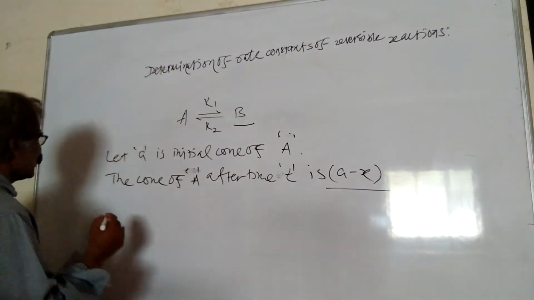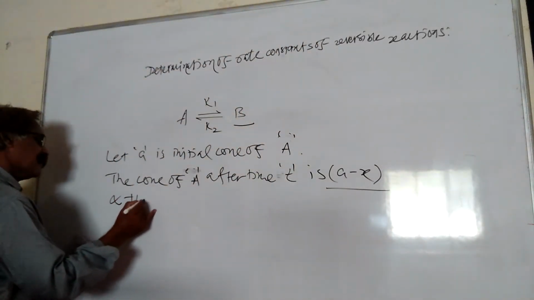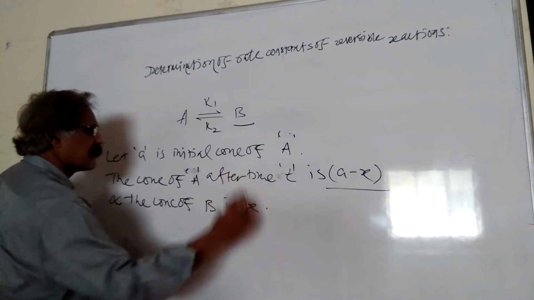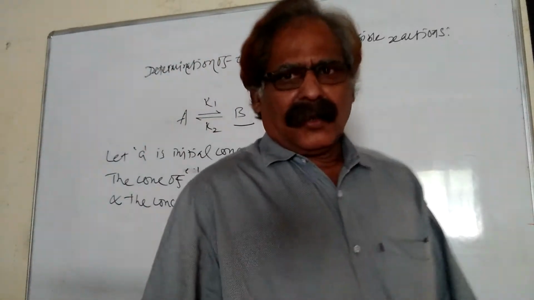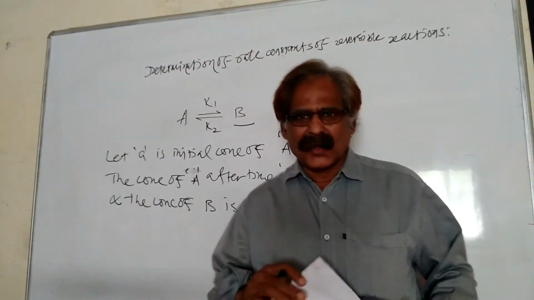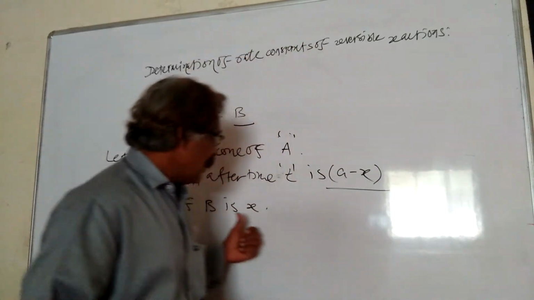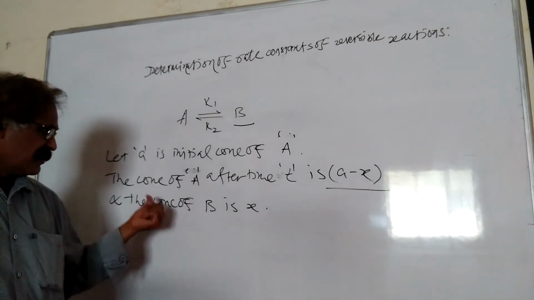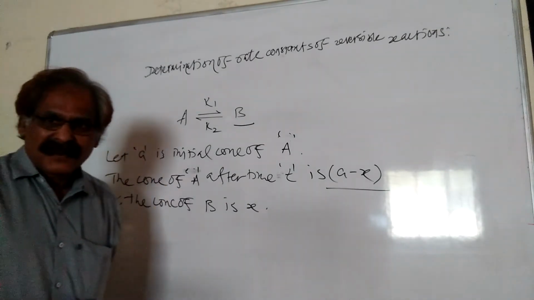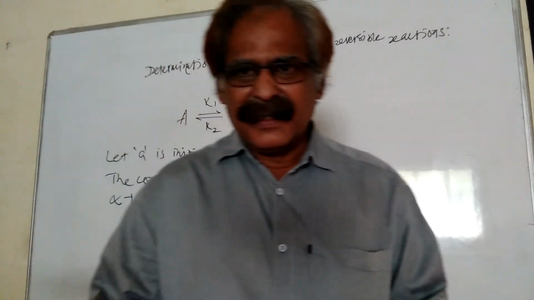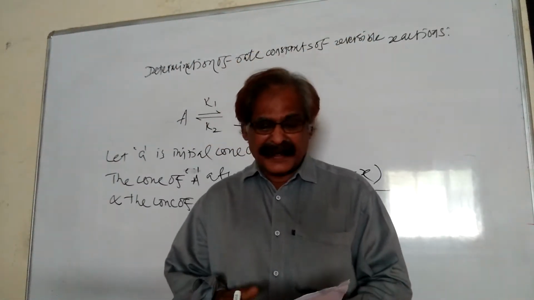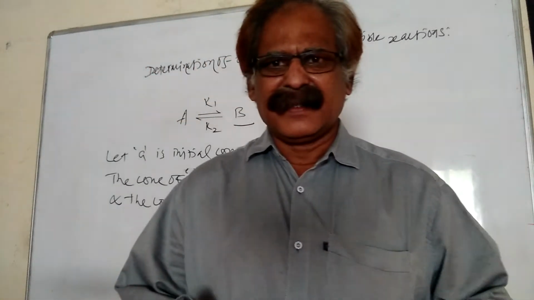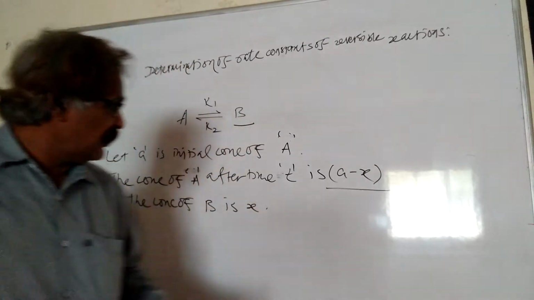That's right. So the concentration of B is x. Once we know the concentration of A after time t and the concentration of B after time t, we can very easily find out the rate of forward reaction and the rate of backward reaction.